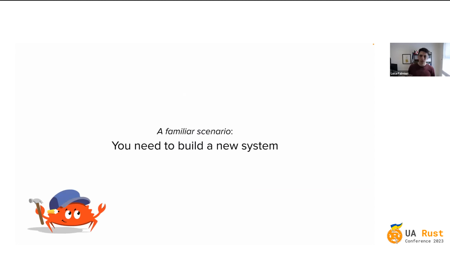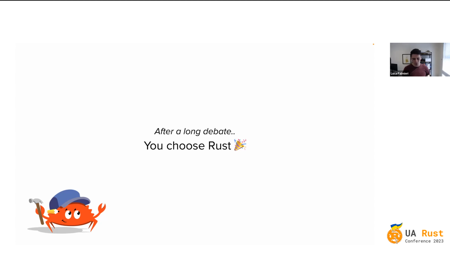Okay, living with Rust. Now, a familiar scenario that most of you might have been in. You are at work, or with your organization, and you need to build a new system. You are the Rust head in the room, so you debate, and eventually convince everybody else that the new system should be written in Rust. So you choose Rust.